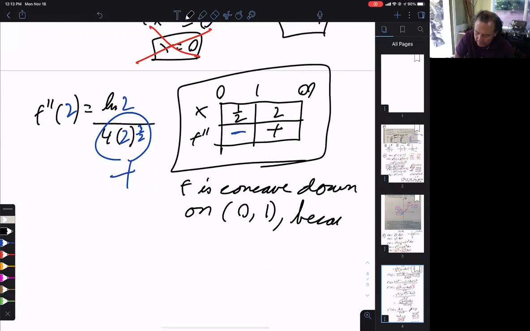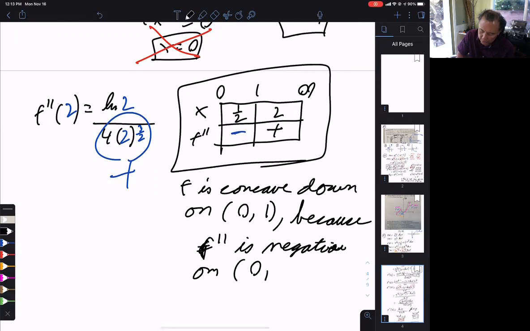Because f double prime is negative on the interval from 0 to 1. That's one way to write that.